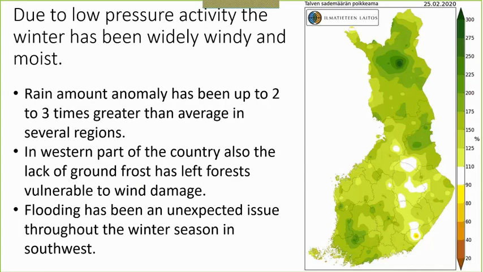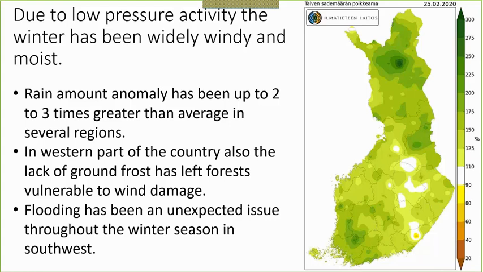And it's not a big surprise when we look at the chart from the northern parts of Finland, because you already saw the snow depth anomaly. So it has been really rainy there, but then again we have had also really rainy in the western and southern parts of Finland.